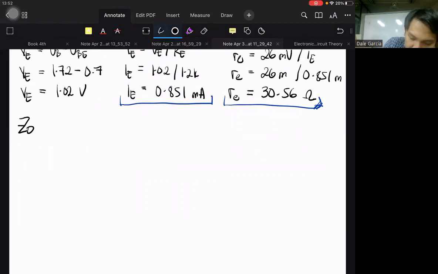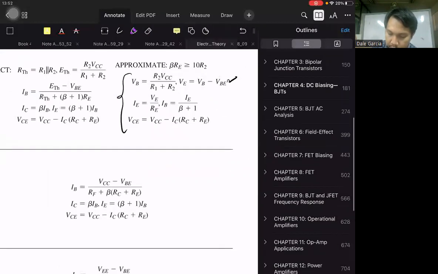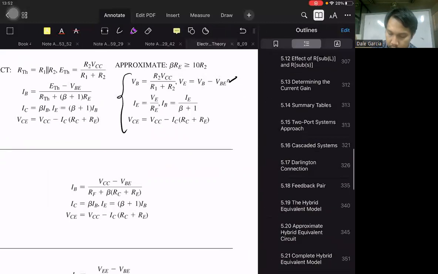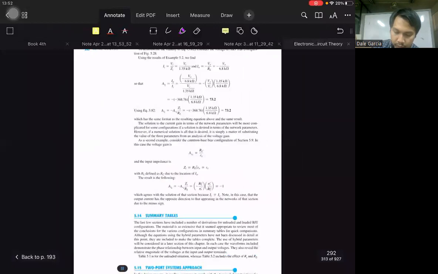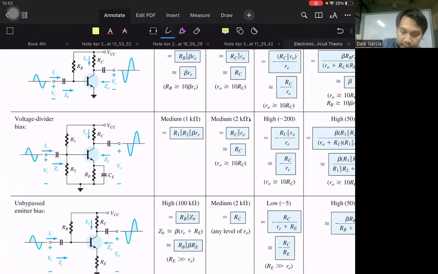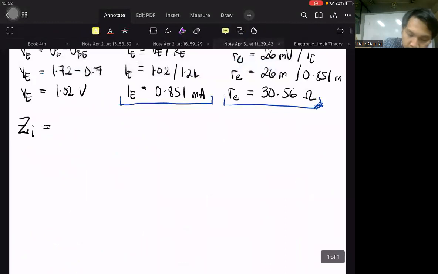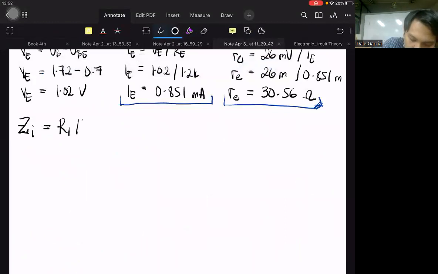Let's start with ZI. ZI is for the voltage divider; refer to the tables. It is R1 parallel R2 parallel beta re, where re is the small re.